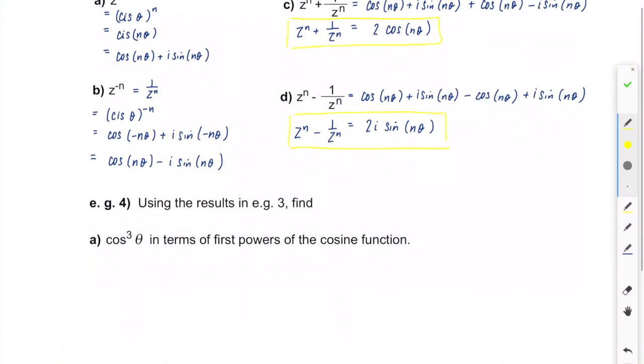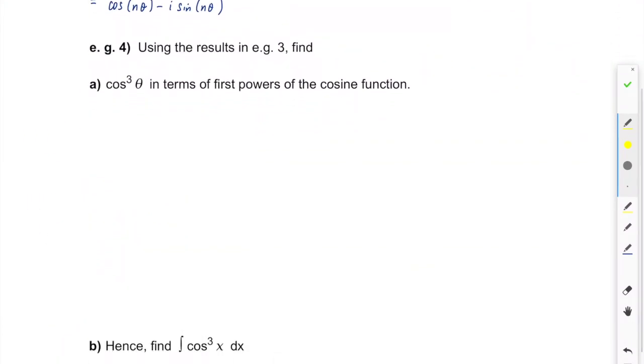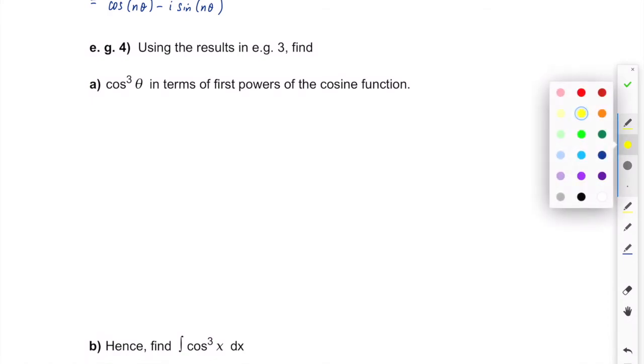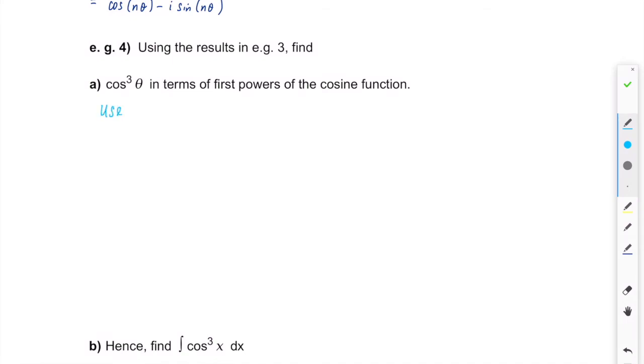Okay, so here we go. Using the results in example 3, let's find the cube of cosine theta in terms of first powers of the cosine function. So cosine cubed can be related to this because cosine talks about the real part.